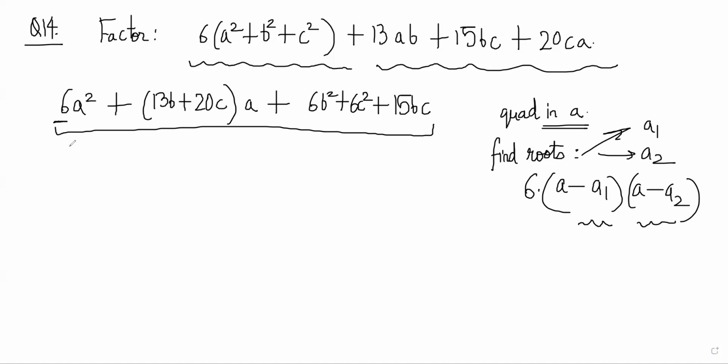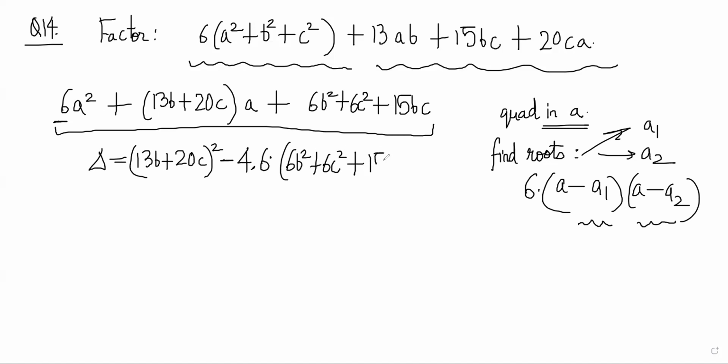So all we have to do now is find the discriminant and solve this quadratic. If you do the calculations, the discriminant comes out to be (13b + 20c)² − 4 × 6 × (6b² + 6c² + 15bc). If you calculate this out, you will realize that this will come out to be (5b + 16c)².